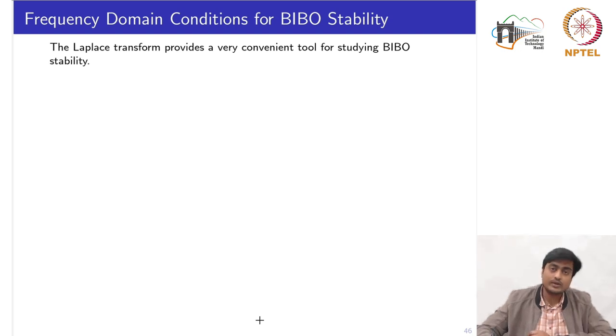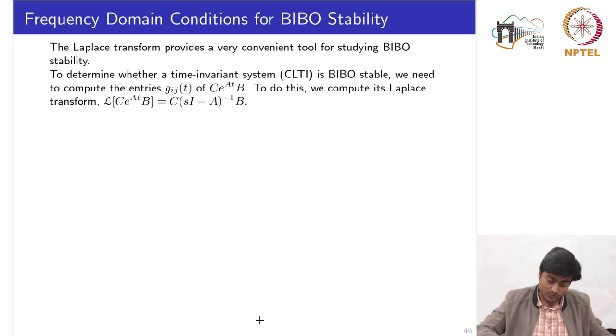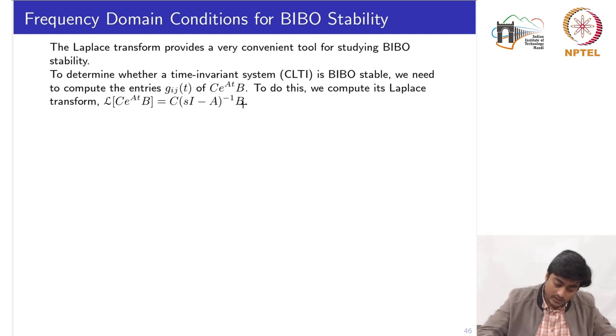We can also see the frequency domain conditions for BIBO stability, because we know for LTI system we can use this Laplace transform tool, as we had seen in the first week. To determine whether a time invariant system CLTI is BIBO stable, we need to compute the entries Gij of this.